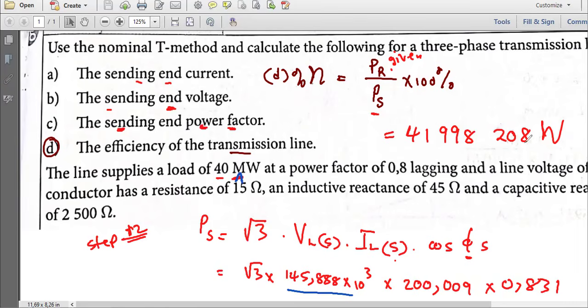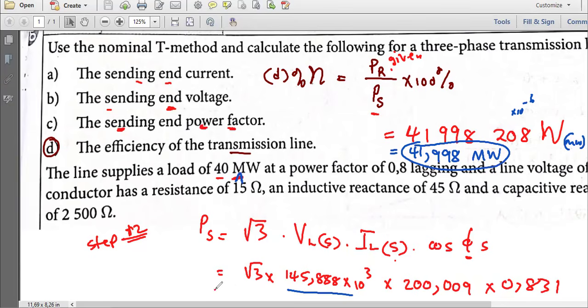So we divide by 1 million, or we multiply by 10 to the exponent of -6, which gives 41,998. By multiplying by 10 to the exponent of -6, we are automatically converting our answer to megawatts. So that was our power in megawatts at the end.